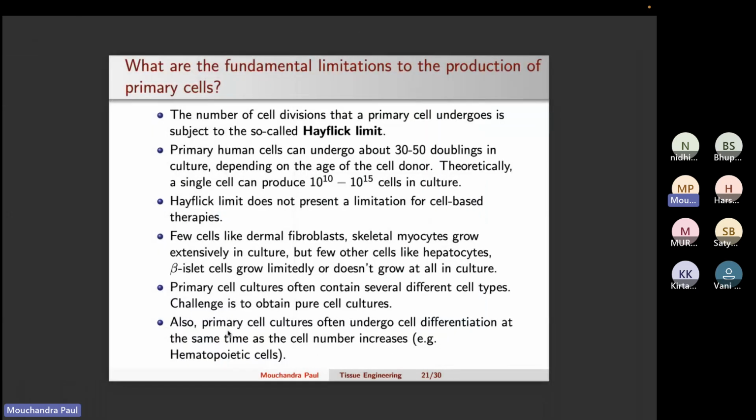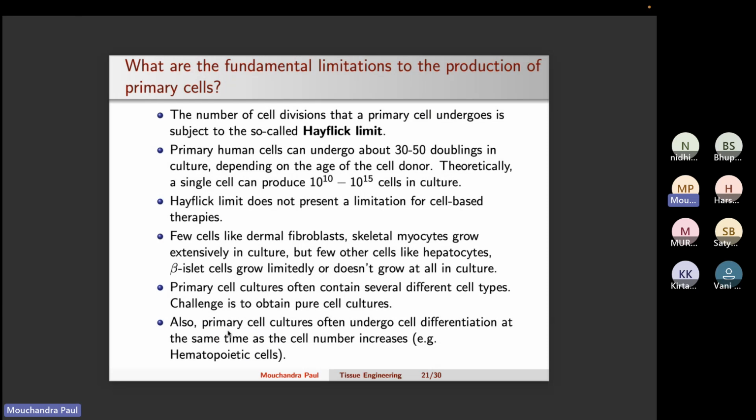Now, what are the fundamental limitations to the production of primary cells? For making a tissue engineered medical product, the main important component is the cell. Not all cells in our body can be cultured in an equal manner, meaning all cells do not possess the same proliferation rate.